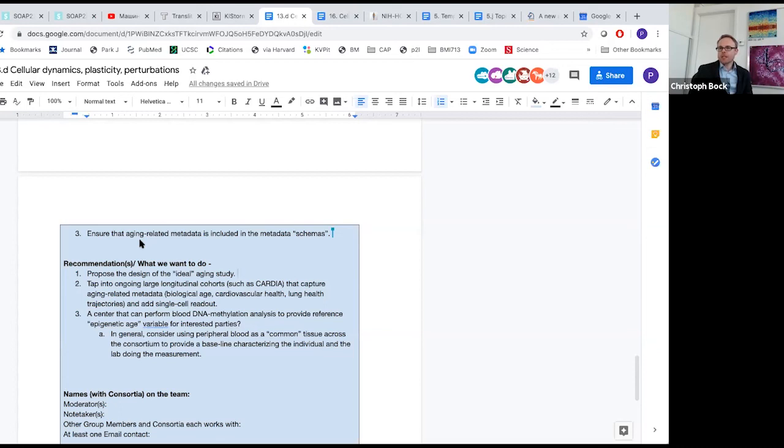Because ultimately, this is why aging matters, not because people look different when they're older, but because they have reduced plasticity and reduced ability to cope with certain environmental challenges, such as the flu infection.